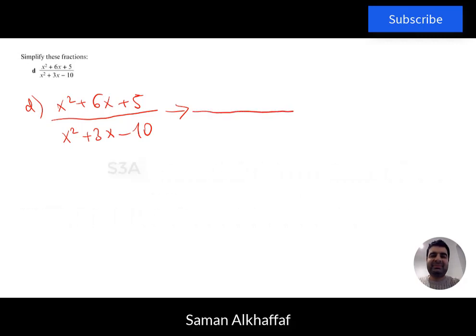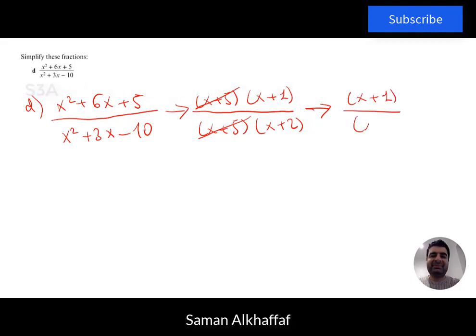That will give us x plus 5 multiplied by x plus 1, and for the denominator we can also use x plus 5 multiplied by x minus 2, and in this scenario we can eliminate x plus 5 from the numerator and the denominator, and so that will give us x plus 1 over x minus 2, and this will be our answer for the simplification of this expression.